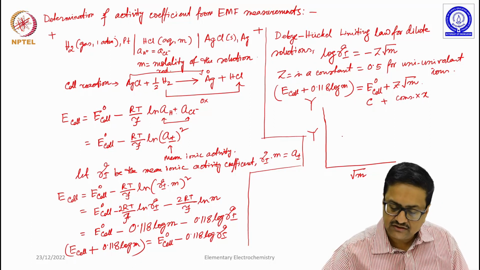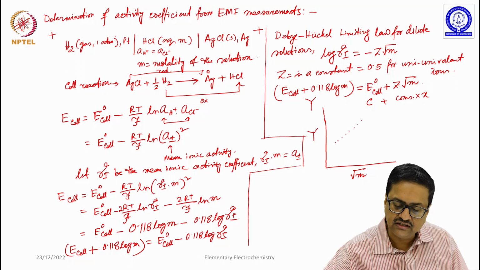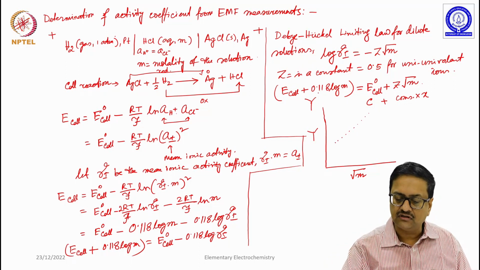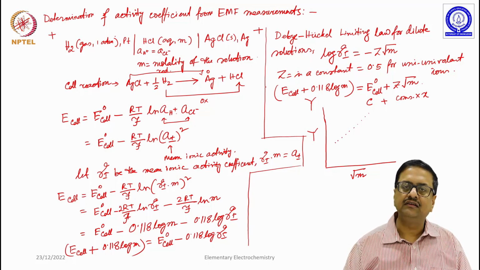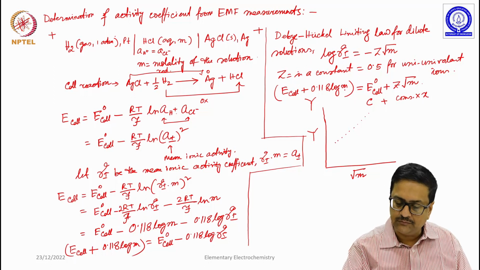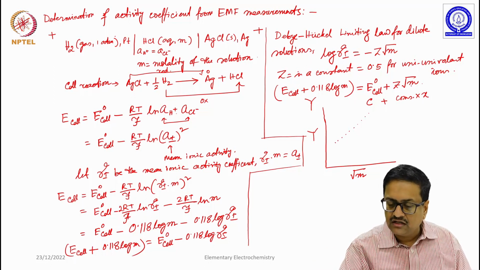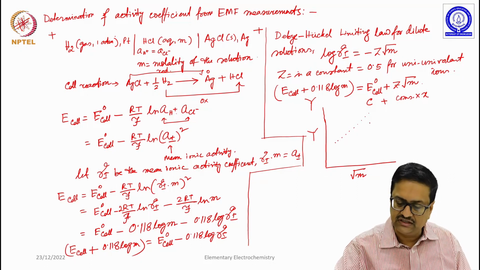One can measure that and get a few readings like this. With increasing molality, the entire value of y within the bracket will keep on increasing. With increase in m, this log m will increase, and square root of m is also increasing.